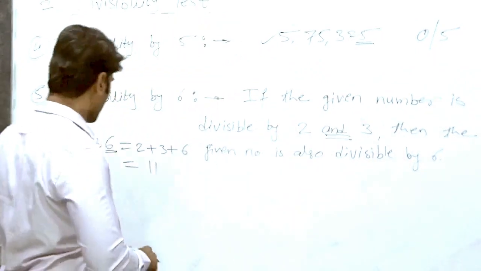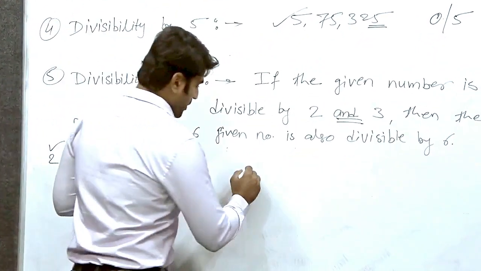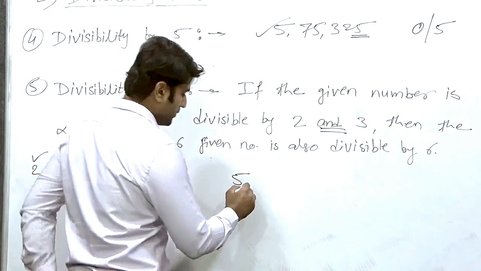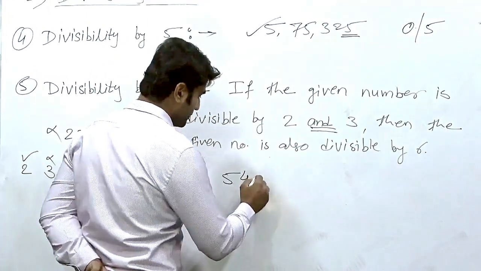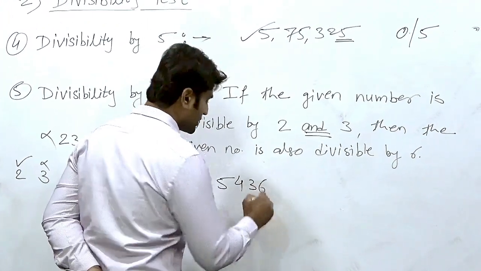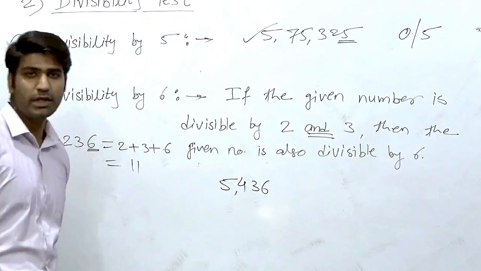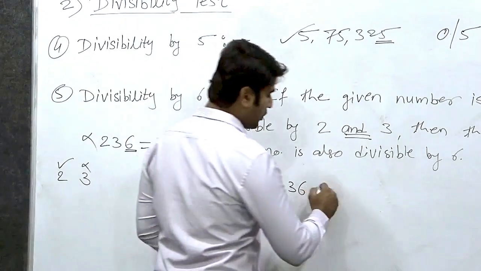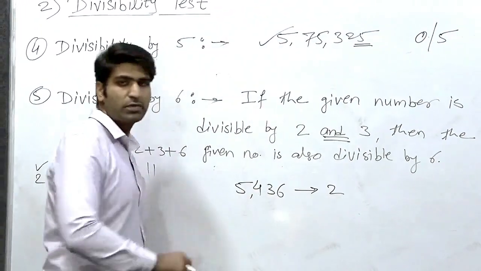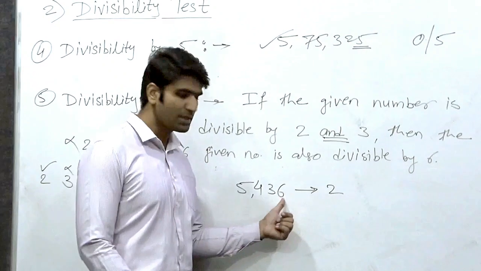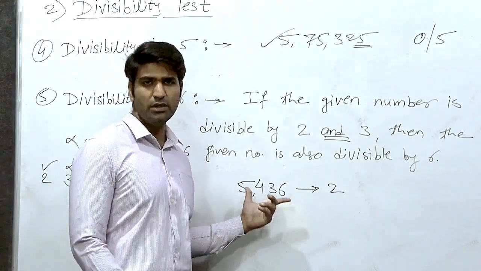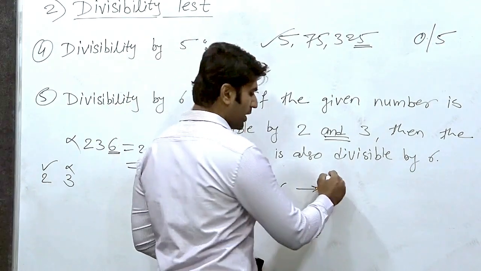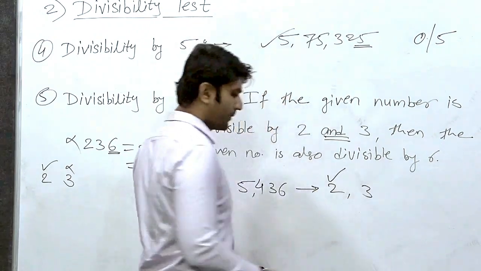Okay, another example. 5436. Let's check the divisibility by 2 and 3. Is it divisible by 2? Yes, because the last number is 6, so it is an even number. Then 3.